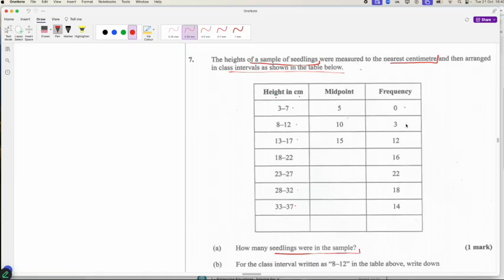So these are the number of seedlings. That is your frequency. So I have to add up all of that in order to get how many seedlings were in the sample. Anybody want to help me out here? Nice. For the class interval written 8 to 12 in the above, 8 to 12, that's this one here.